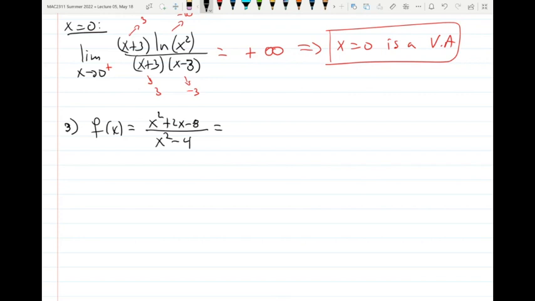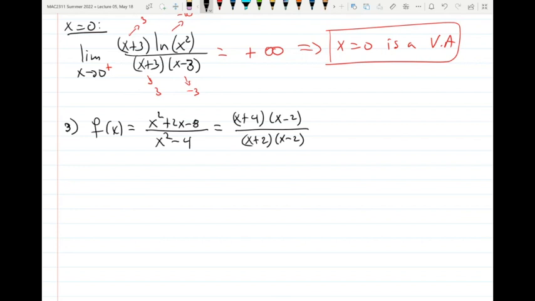Okay, what is it? x plus 4, x minus 2. Good. On the bottom? x plus 2, x minus 2. Good. So, for example, this means that your candidates will be negative 2 and positive 2, right? Because of these two guys.